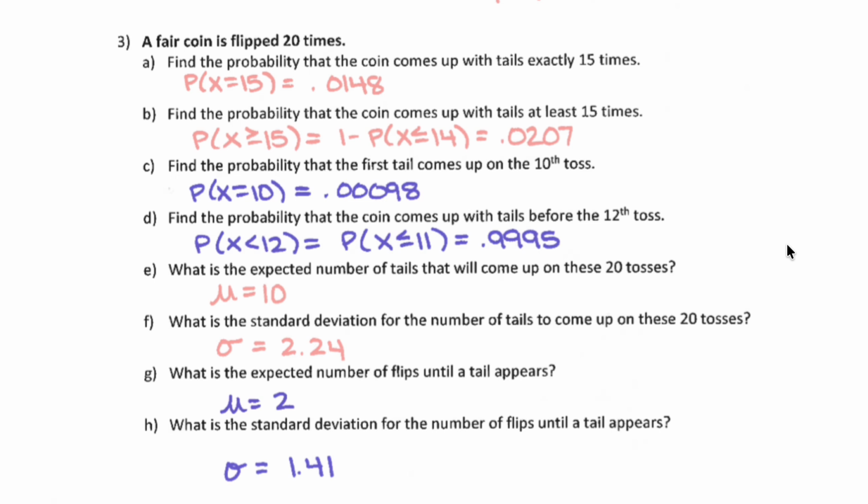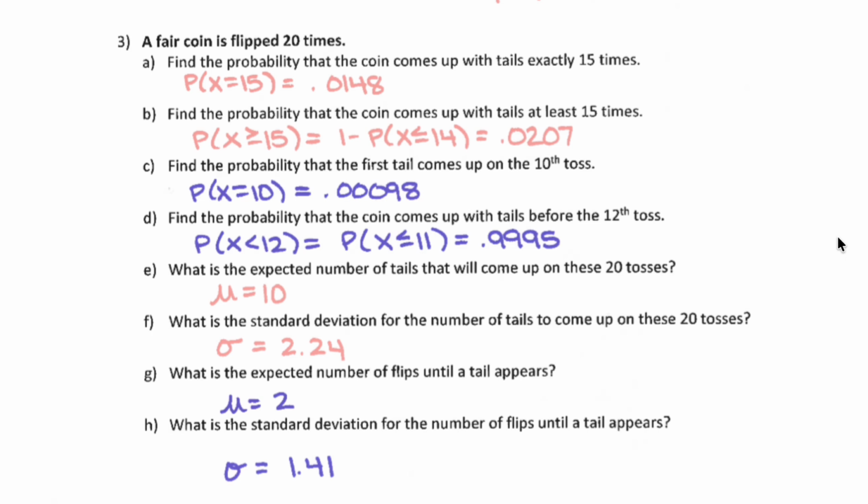Part C. First tail on 10th flip. This is a geometric, so use 0.5 raised to the 9th power times 0.5 equal to 0.00098. Or you can just use your calculator to switch to geometric PDF and get that. Part D, before 12th. So probability of x less than or equal to 11 gives you 0.9995.